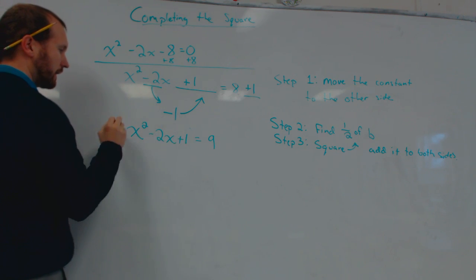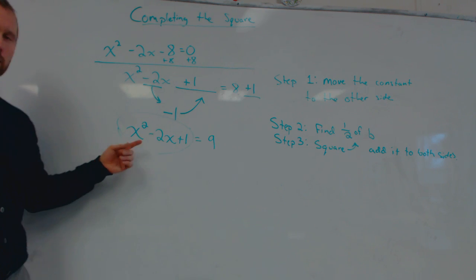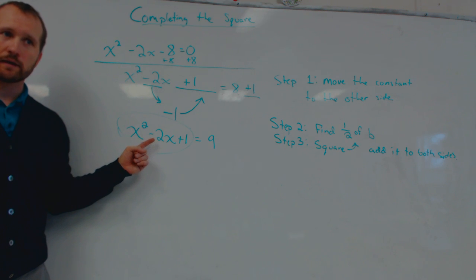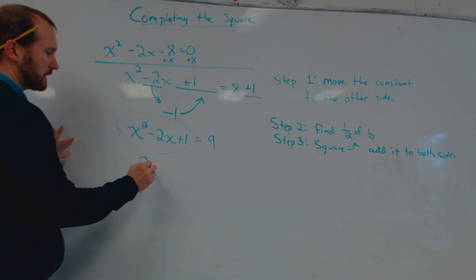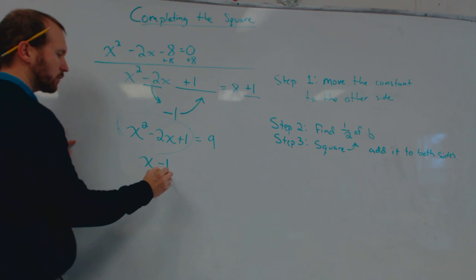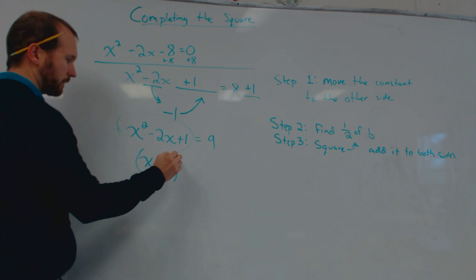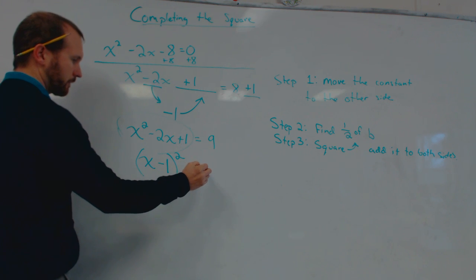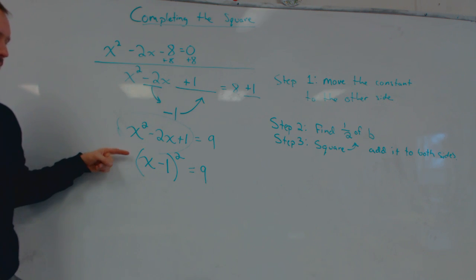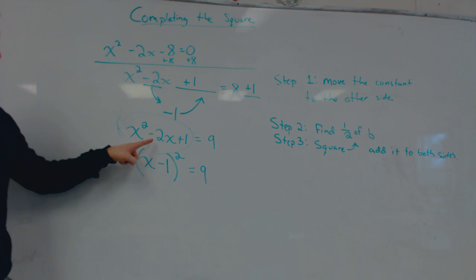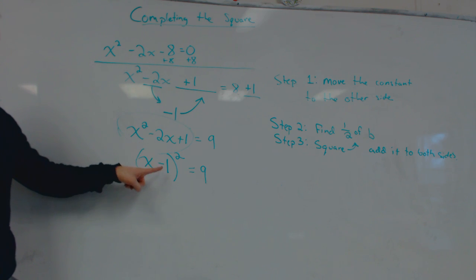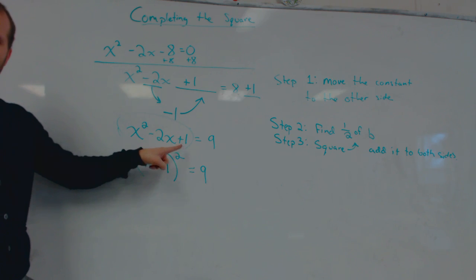This right here is a perfect square trinomial, which is x minus 1 squared, because negative 1 times 2 is negative 2, and negative 1 times itself is 1.